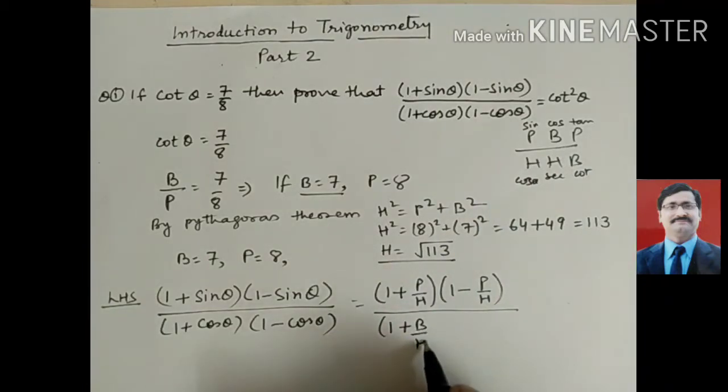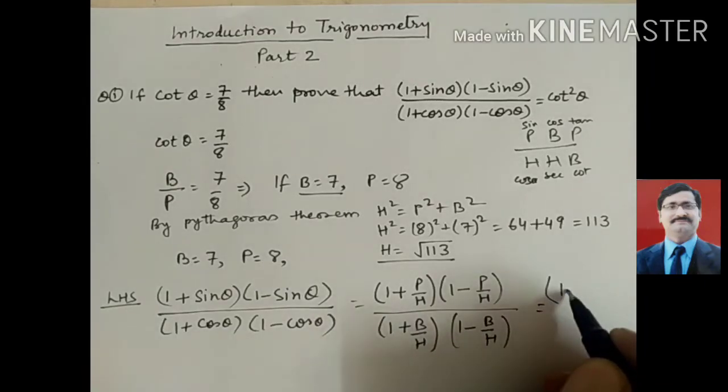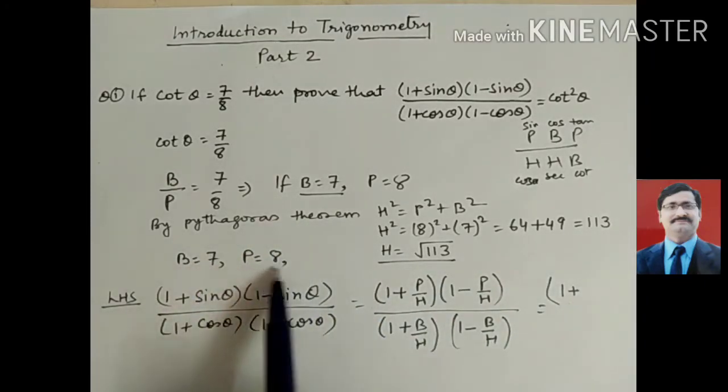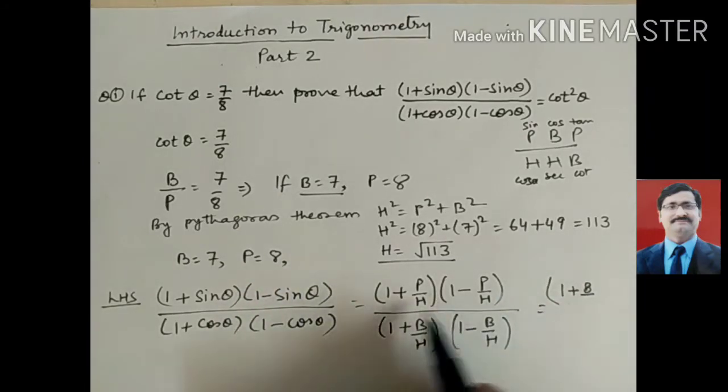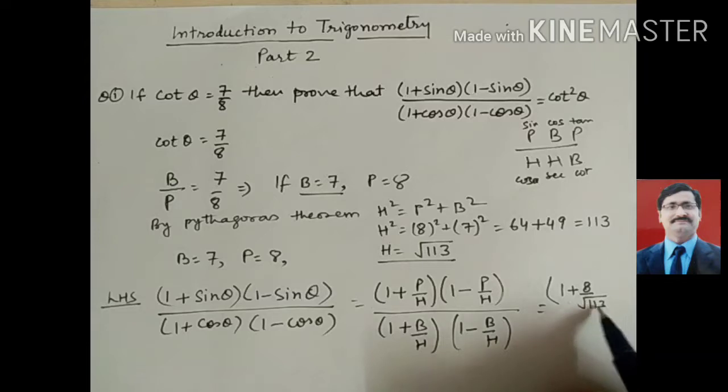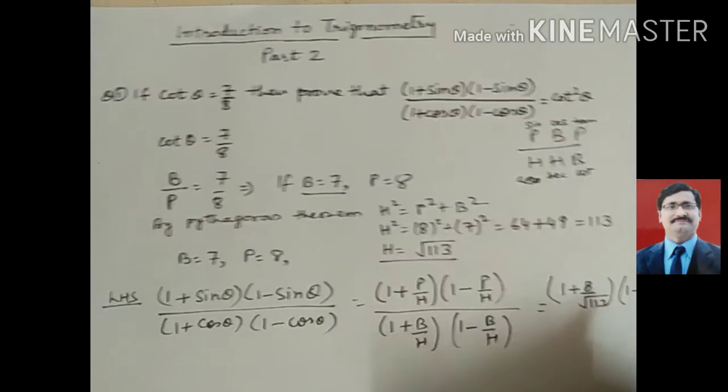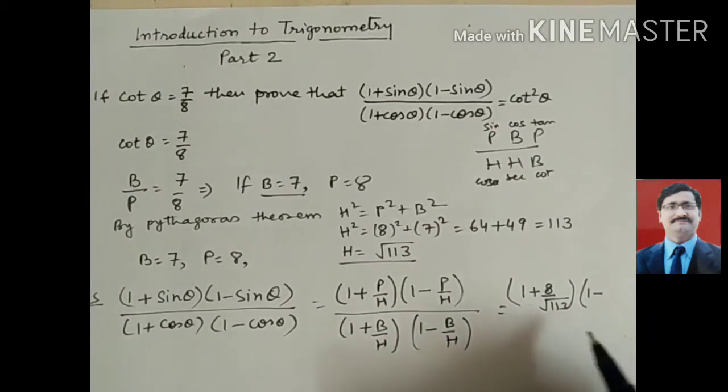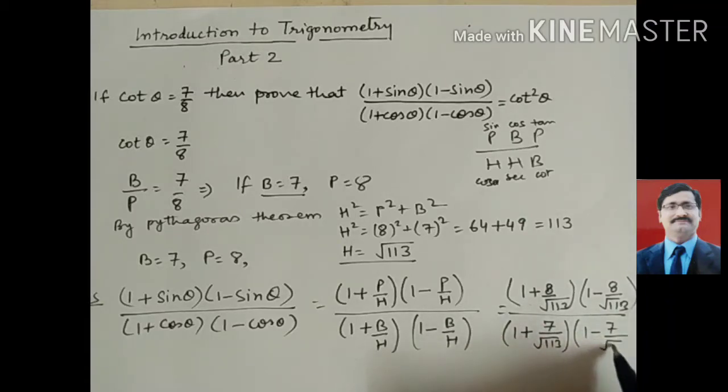So 1 plus perpendicular is 8 upon root 113, similarly 1 minus 8 upon root 113, and in the denominator 1 plus 7 upon root 113 and 1 minus 7 upon root 113.